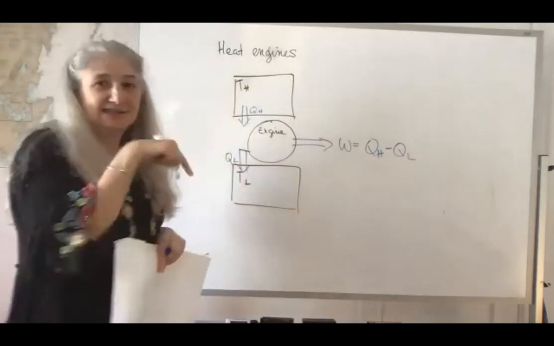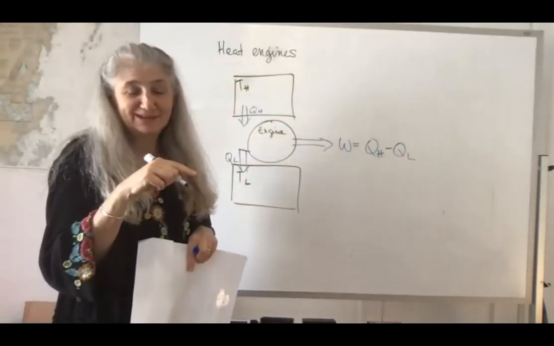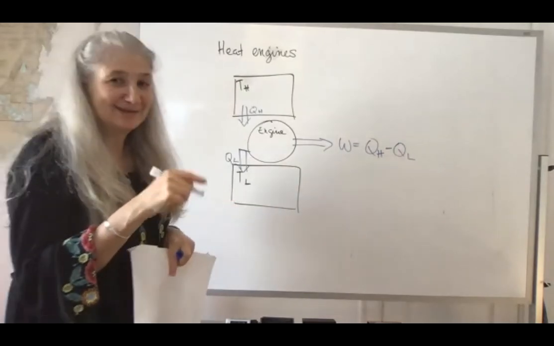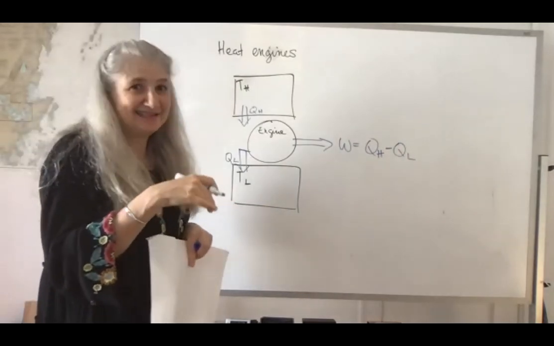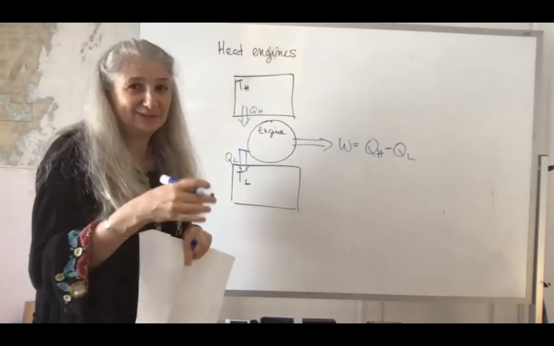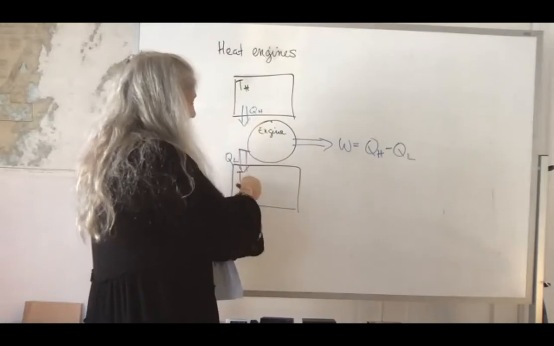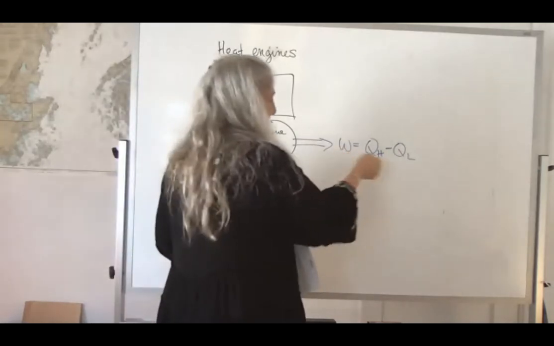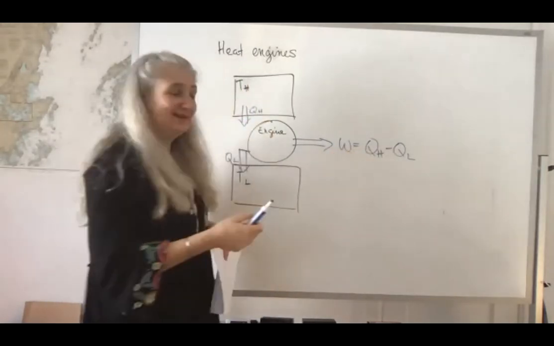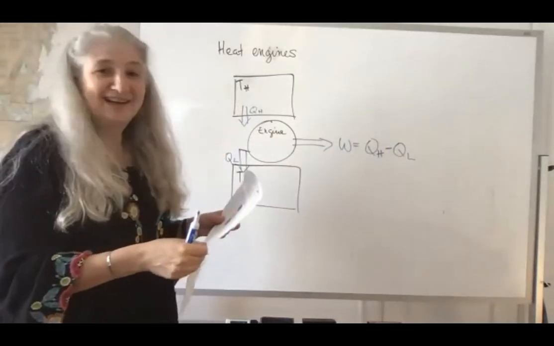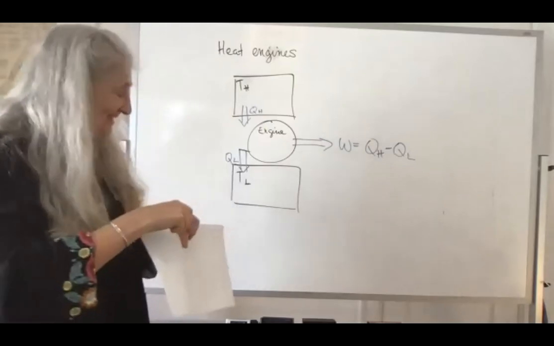The engine is going around in a loop, so its total energy at the beginning and the end of a cycle is going to be 0, and so the total heat is equal to the work. If I'm taking heat from a hot reservoir and giving up heat to the cold reservoir, the total work has to be the difference between them. So this is another way of thinking about what a heat engine is.